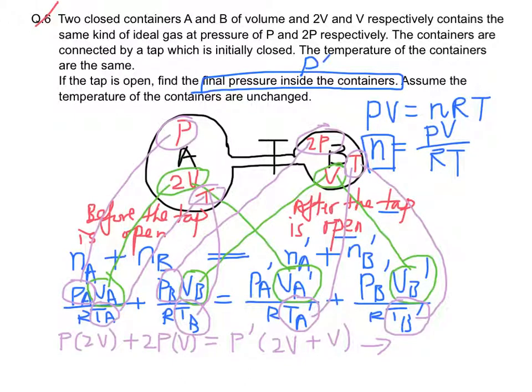By substituting the corresponding values into the equation, we got the final pressure of the gas P' equal to 4 over 3 P. Notice that at equilibrium, the pressure P'A and the pressure P'B both are equal at equilibrium.